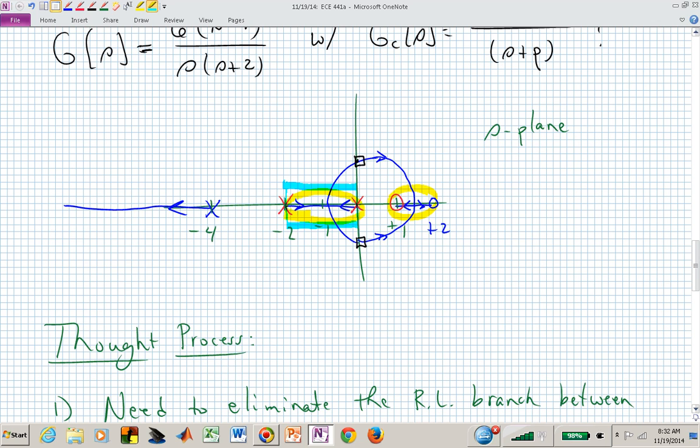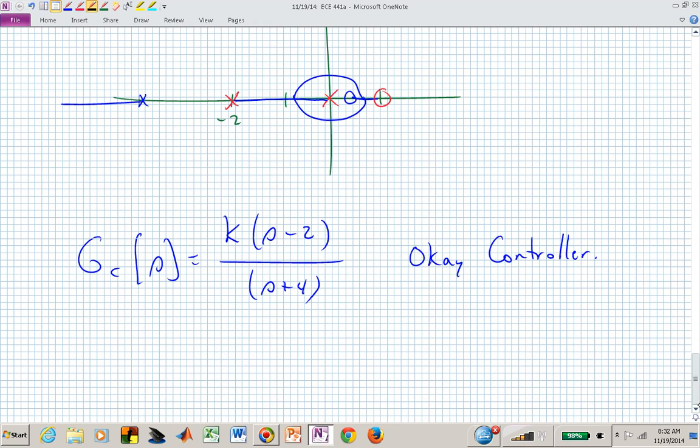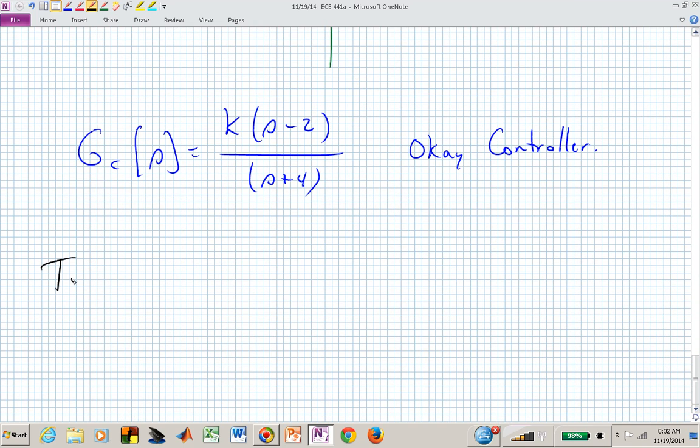What I'm saying is I would just pick a pole at -1, and then another pole would, if the breakaway is correctly drawn, which it may not be, approach that breakaway, and then I would have my third pole over there. Meaning, to find this gain K, use the magnitude condition.